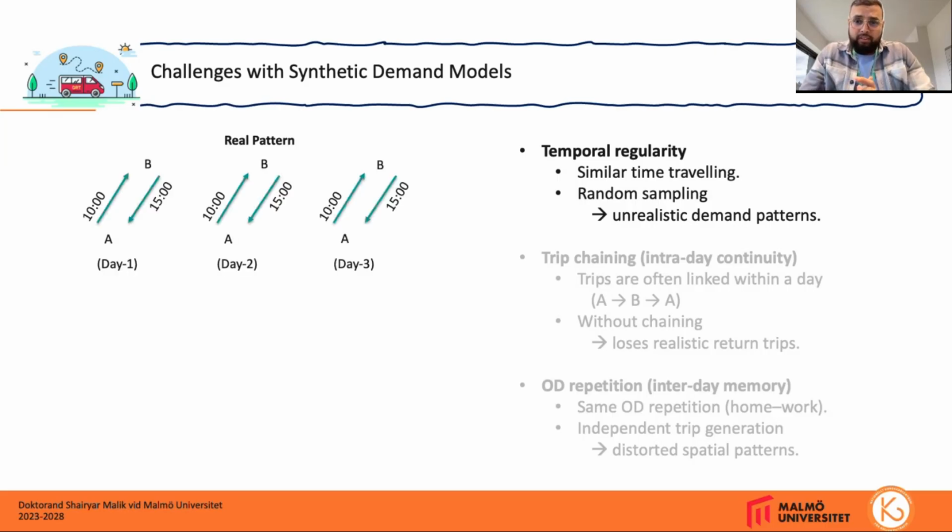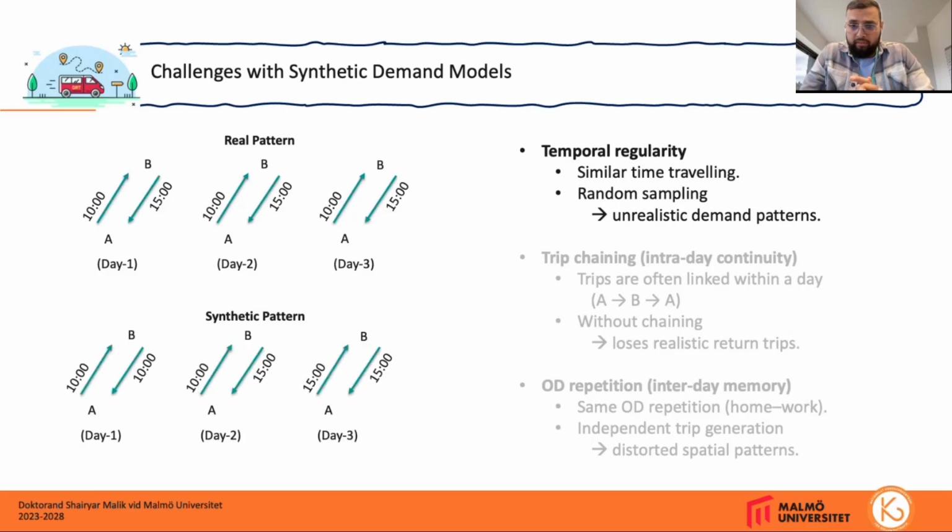The first challenge is about temporal regularity. In real life, people often travel at similar times each day. For example, commuting, as I have shown here, is around 10 and returning back home at 15. But when synthetic demand is generated by randomly sampling trips, that regularity might disappear, and the results are distorted demand peaks.